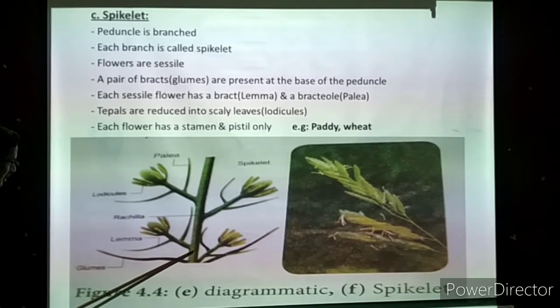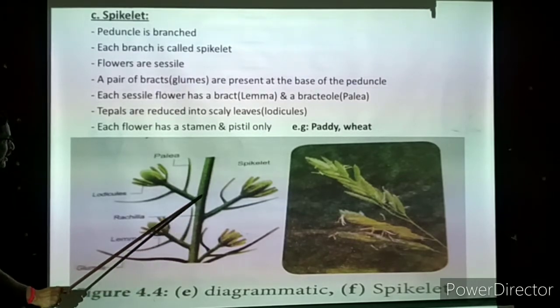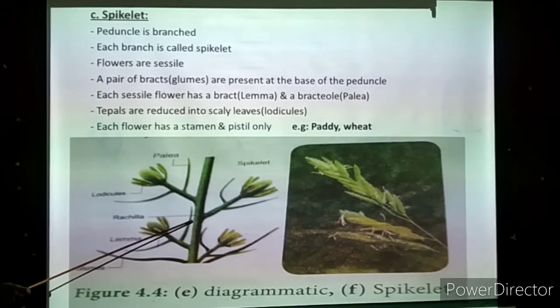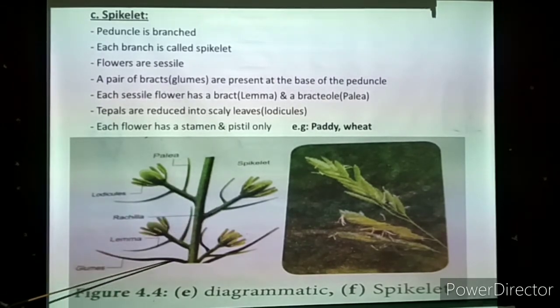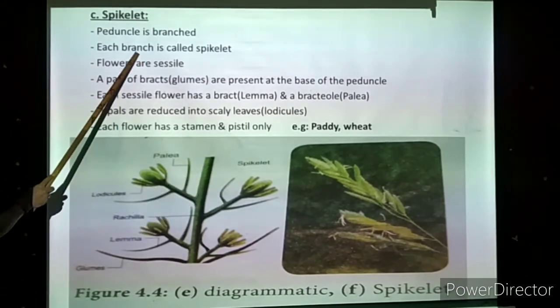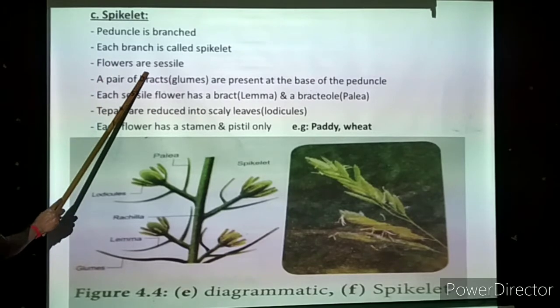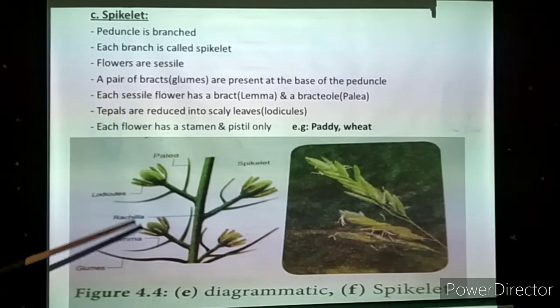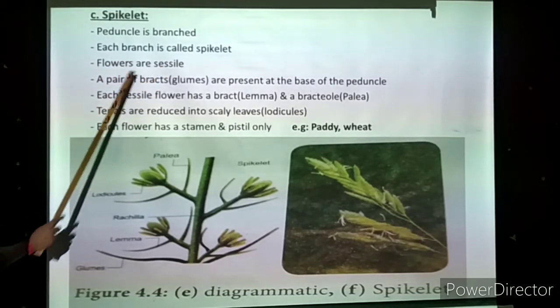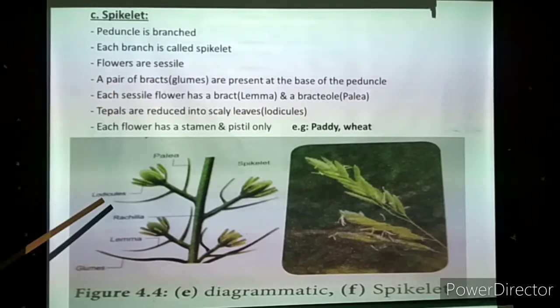For example, this is the main stalk, that is called a peduncle. Now the peduncle has branches. This is one branch. This is another branch. Like that, some branches are there. So they are called spikelets. Flowers are sessile. The flowers do not have a stalk, that is pedicel.